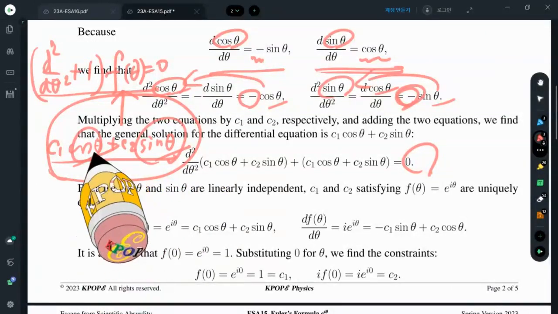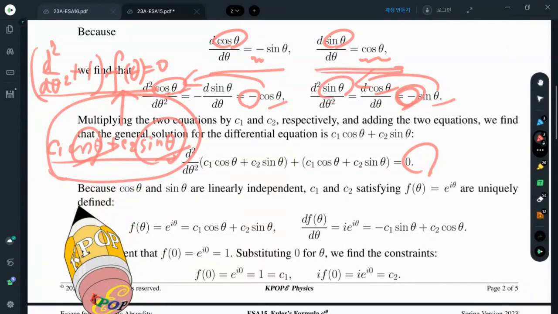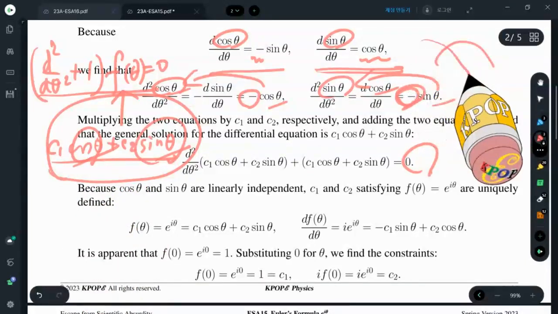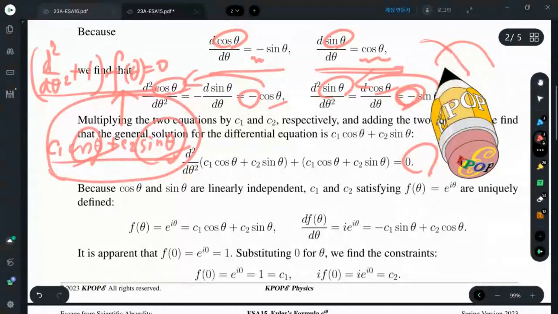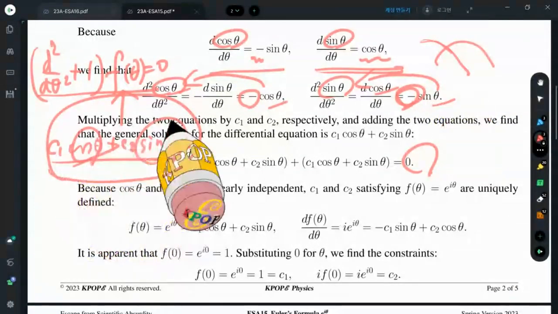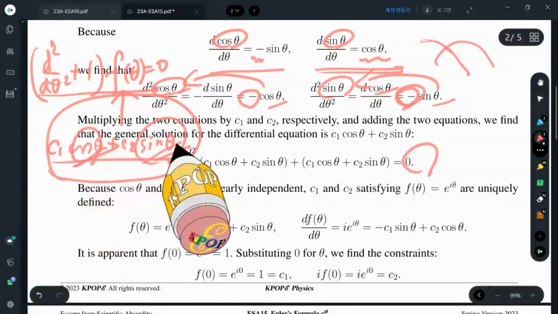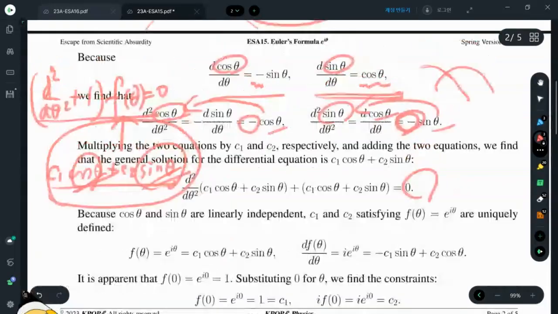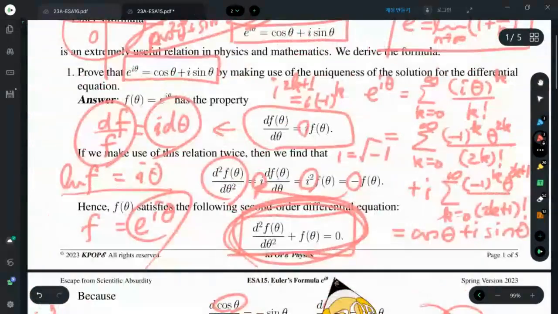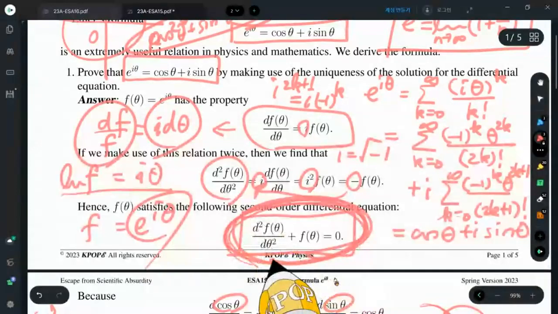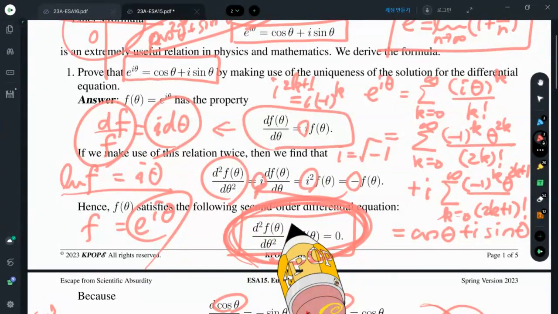The reason why we claim it is a general solution is that, first of all, cosine and sine are not linearly dependent. There is no way to express cosine in terms of sine without translation or magnification. So these two are linearly independent functions. And as you know, this equation is solvable by taking the integration twice.